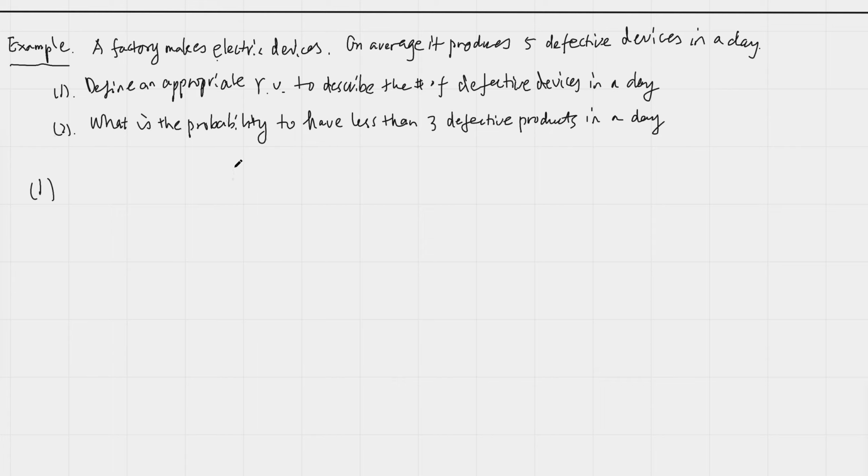Now, as we described in the previous page, we can use a Poisson distribution. So suppose x is equal to the number of defective devices. We can model x as a Poisson distribution with the parameter lambda.